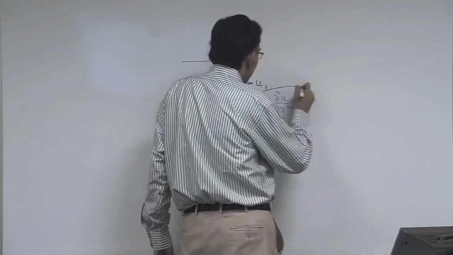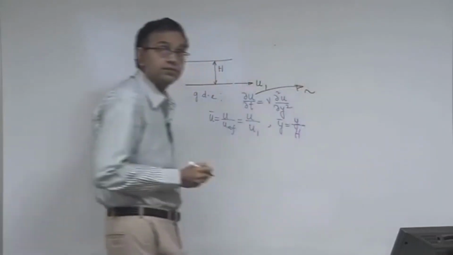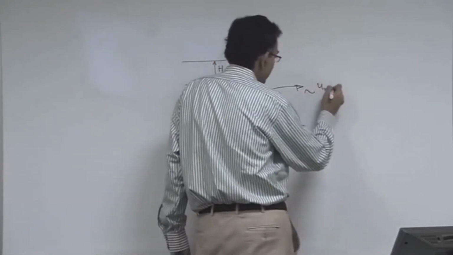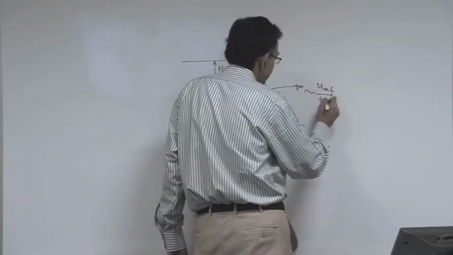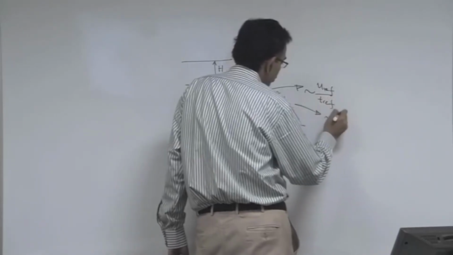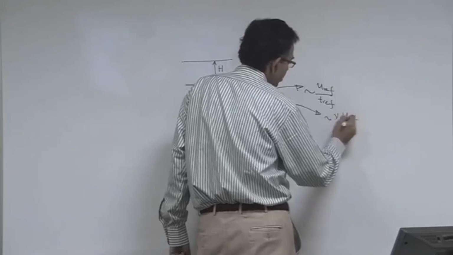by noting that the order of magnitude of this is u reference by t reference, and the order of magnitude of this is nu u reference by h square.